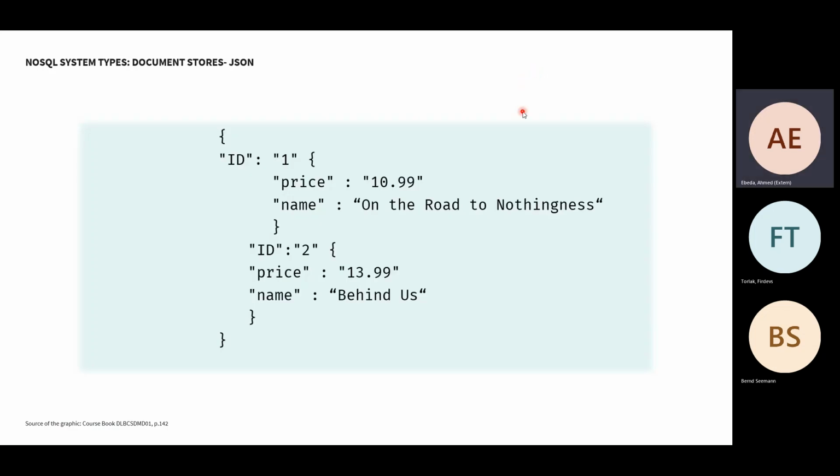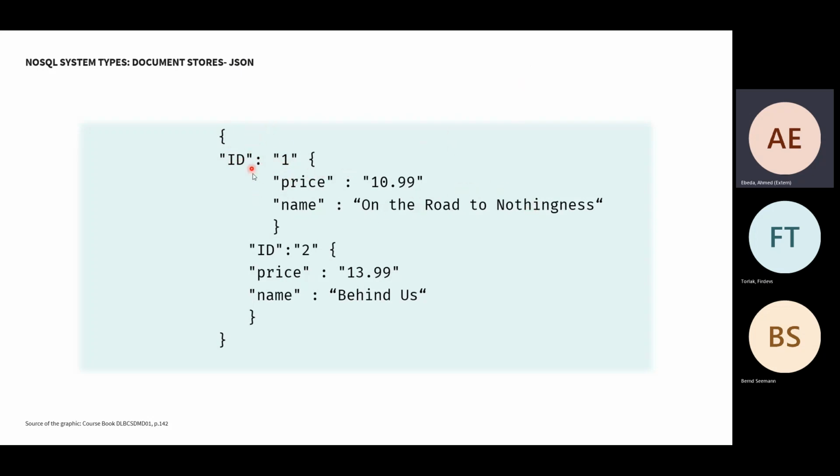And another type called document-based or document database, or document stored JSON. So we store in document kind of JSON. JSON means it's written like this, between double quotations, you write key value, key value, key value.